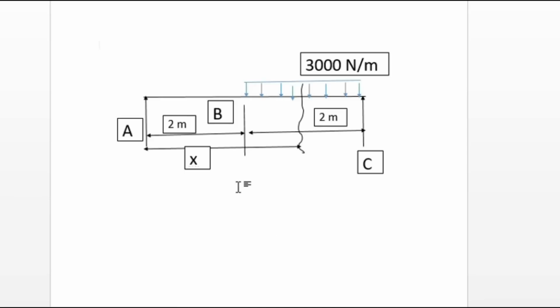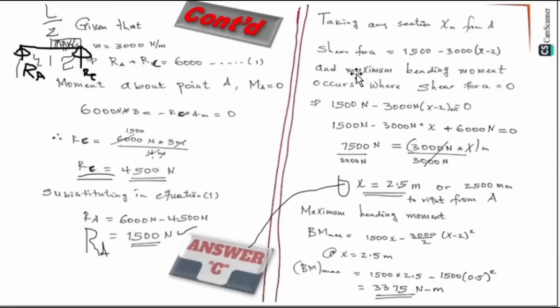So we have to analyze for this X value. Here we have shear force, which is 1500 minus 3000 into x minus 2. We have to equate this shear force with 0, so we have 1500 Newton minus 3000 into x minus 2 meter, which is equal to 0.